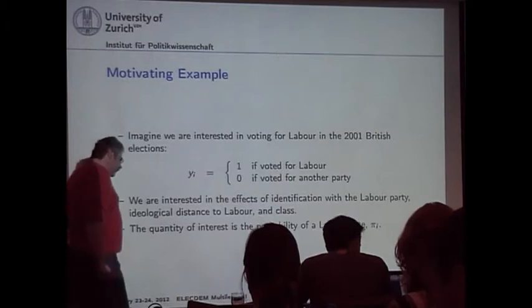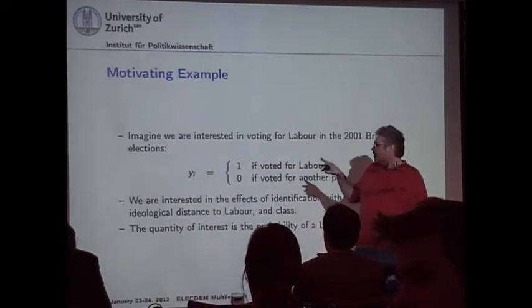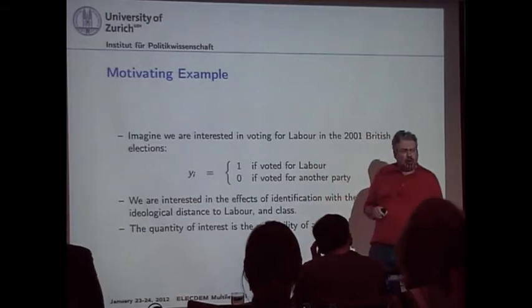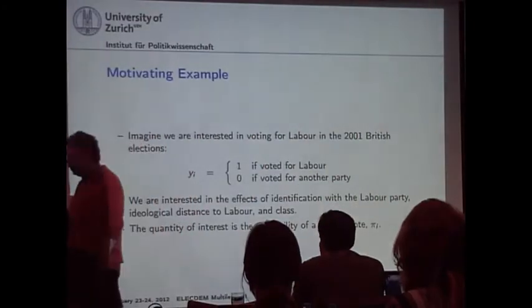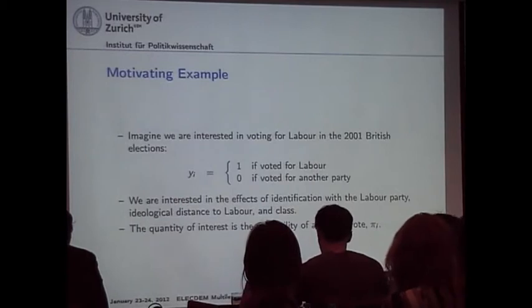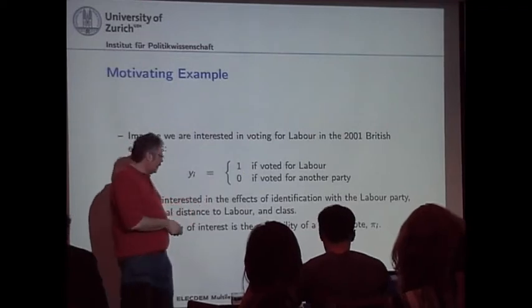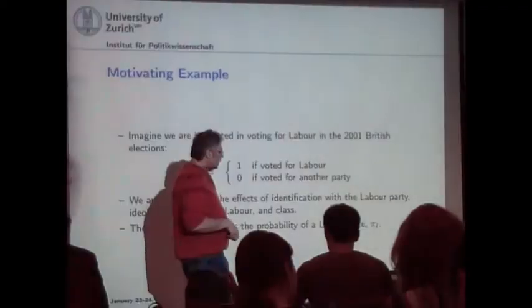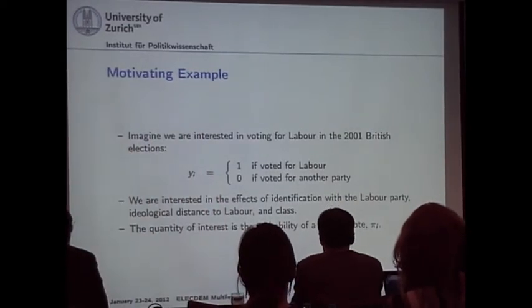The quantity of interest in these models is actually not the 0-1 for Y, because that 0-1 coding on a nominal scale like we have here is essentially arbitrary. What we're actually trying to predict is the probability of a Labour vote, and we call that pi sub i. That's the probability that some individual i votes for the Labour Party.